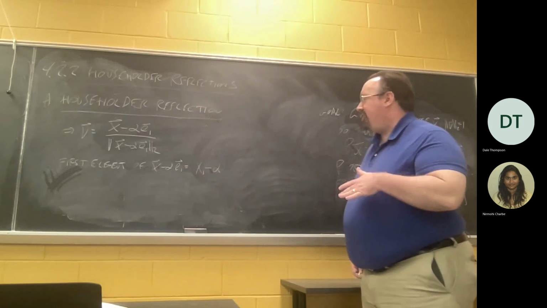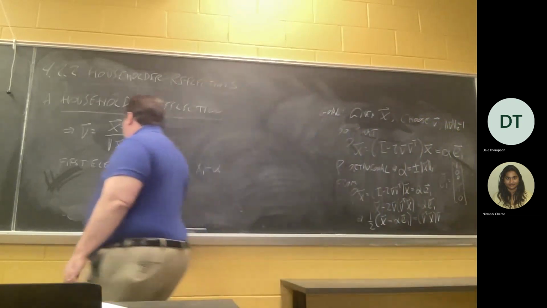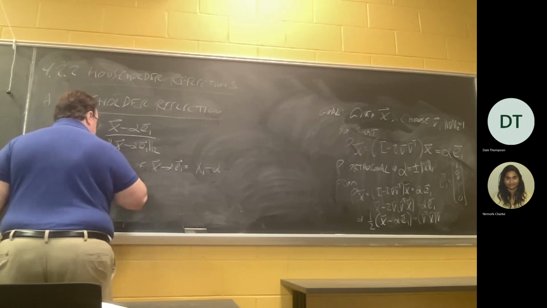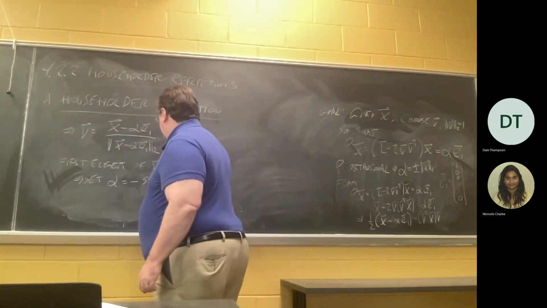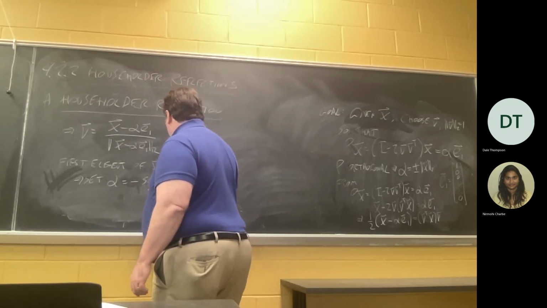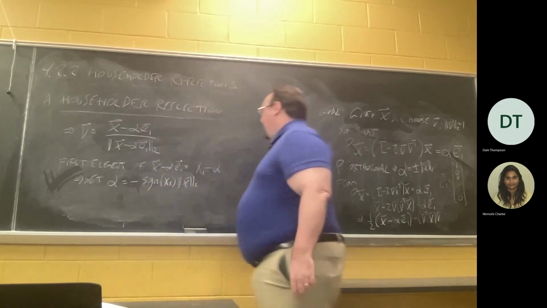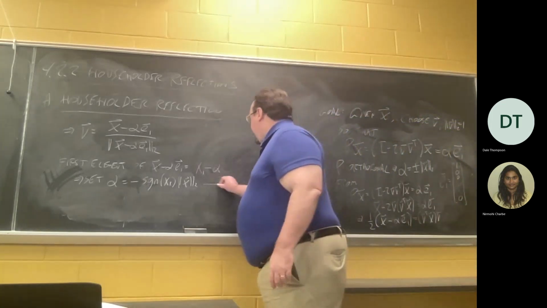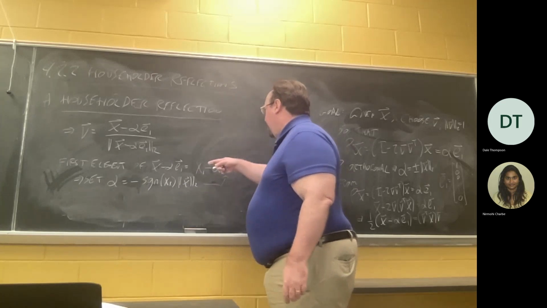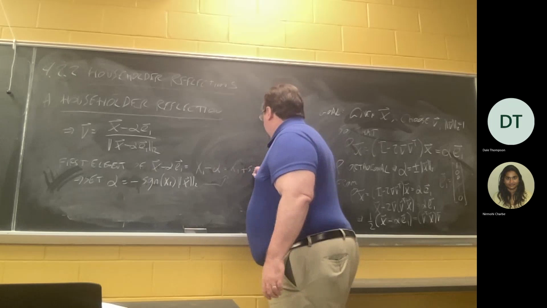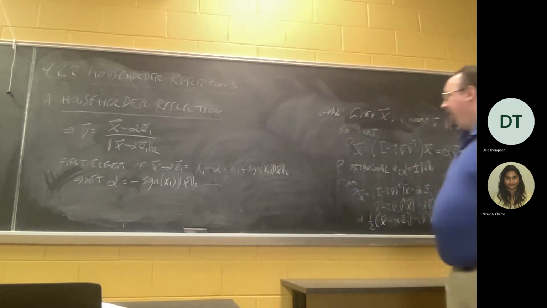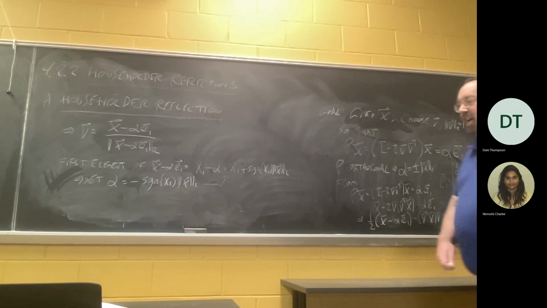So we want to make sure that this subtraction here is actually an addition. So we set alpha equal, one way to do it, to minus the sign of X1 times the 2 norm of X. Then if we use that up here, the first element would be X1 plus the sign of X1 times the 2 norm of X. That way, it's always an addition, not a subtraction.